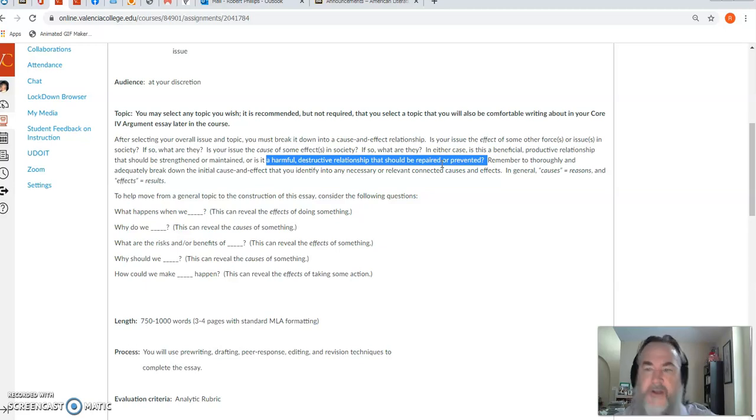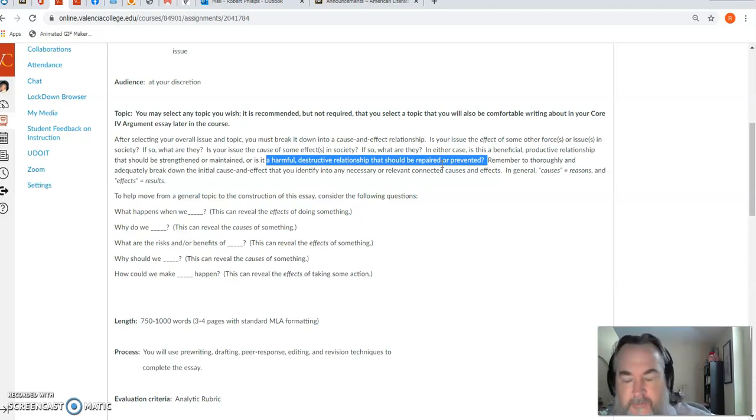So then for possibly your 4th essay, we could argue, okay, how can we make sure that people do go to college? Because we've already established the positive beneficial effects of it, so we want that to happen. So your 4th essay would explore and explain how we can make sure that people do go to college. Okay. On the other side, maybe there's some negative relationship, the effects of global warming.